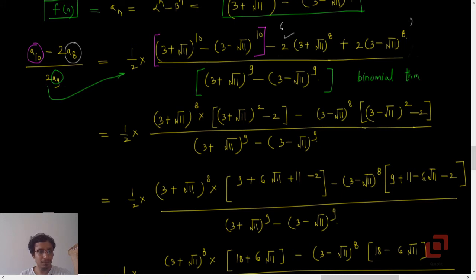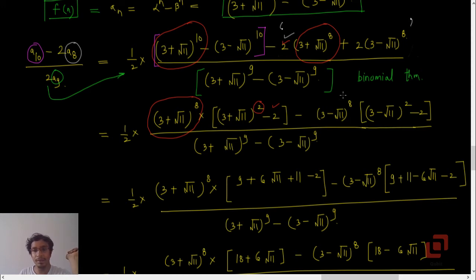Let me now explain everything in red color. First, from these two terms I took 3 plus root 11 raised to 8 common. Once I did that, inside the bracket I had the square of 3 plus root 11 and then this 2 as it is, with a negative sign. Then let me use blue color.